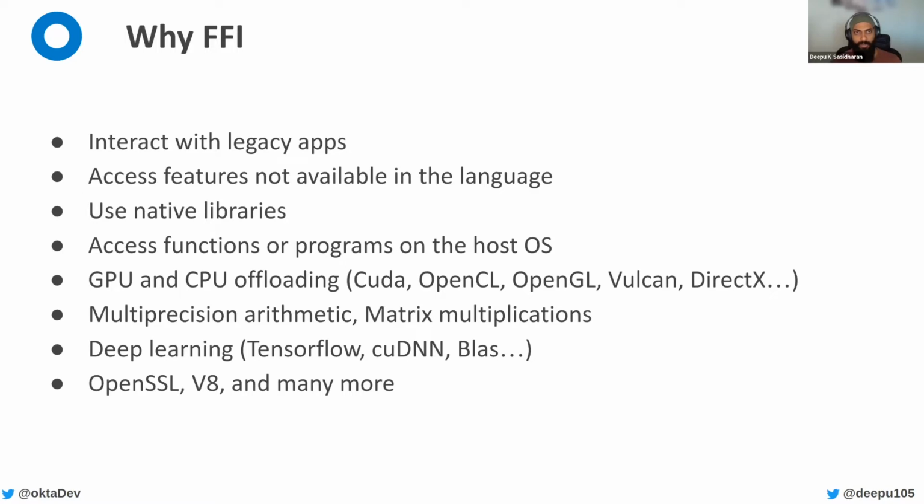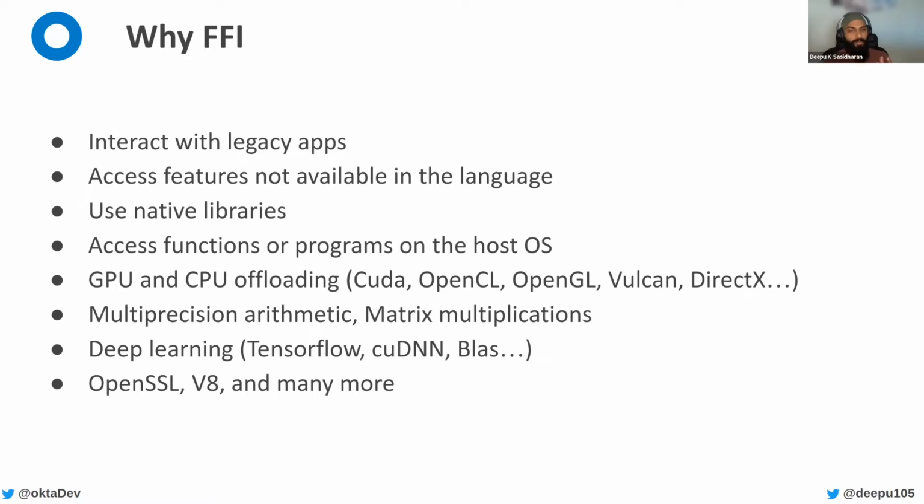Of course, we still have the use case of interacting with legacy applications, writing something in a language other than Java, and also using native libraries. But to me, the most important features would be accessing CPU and GPU functionality. Multi-precision arithmetic and matrix multiplications, you would need FFI for those.